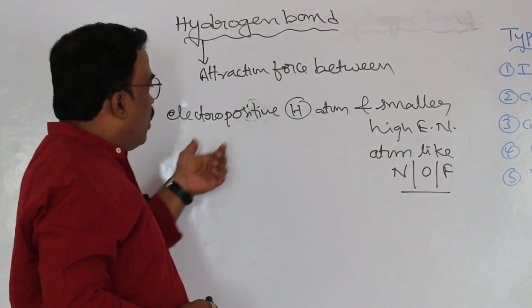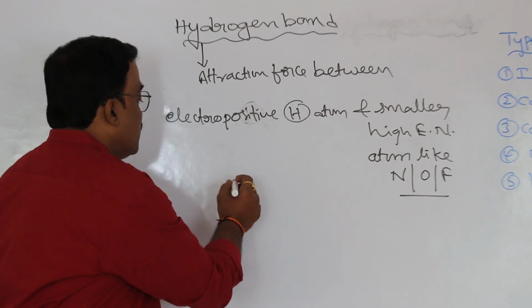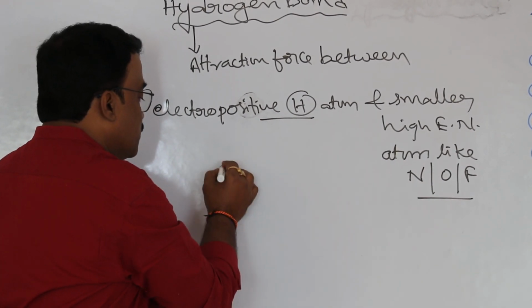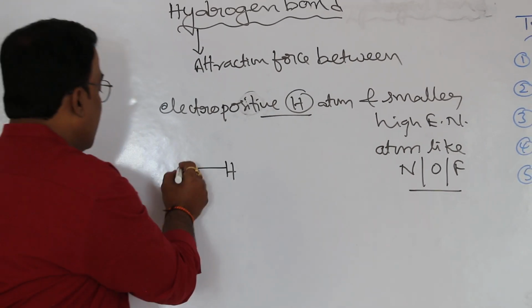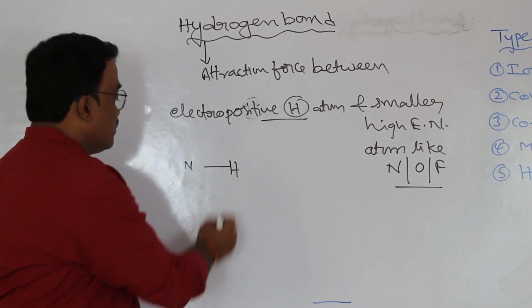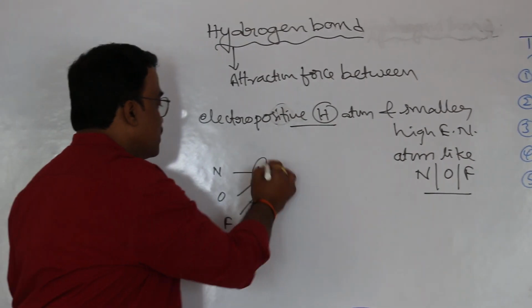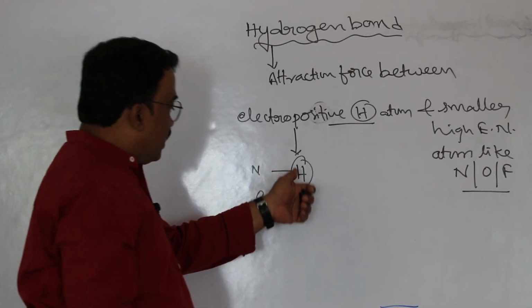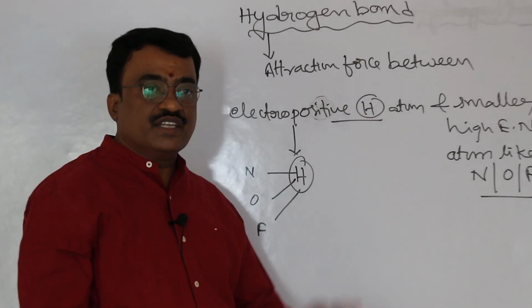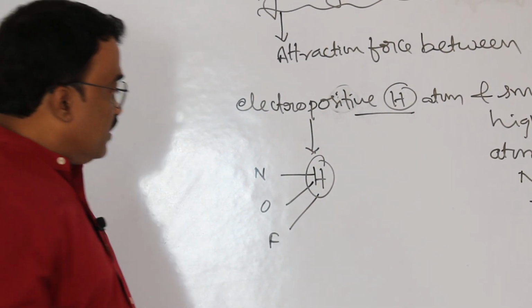So when you call this hydrogen electropositive, the hydrogen which is called electropositive hydrogen means when that hydrogen is bonded covalently either with nitrogen or with oxygen or with fluorine. This is called electropositive hydrogen. If hydrogen is bonded to other than these three, then it is not called electropositive hydrogen.